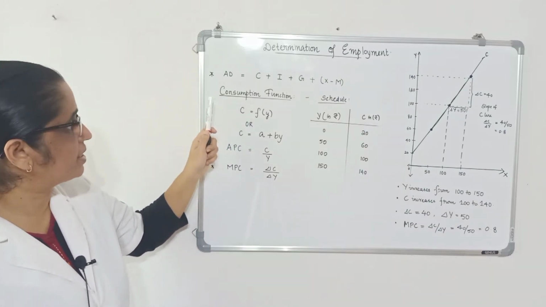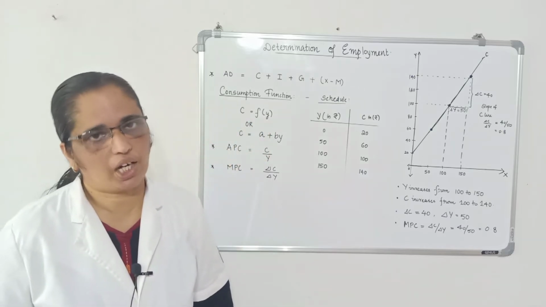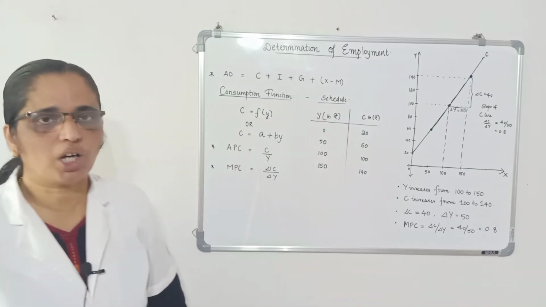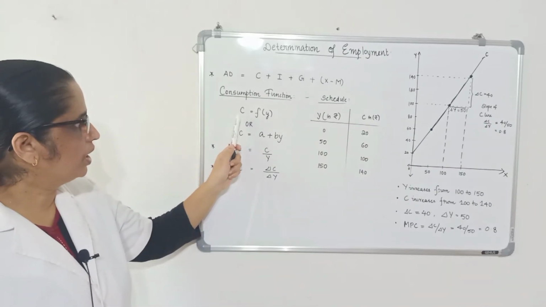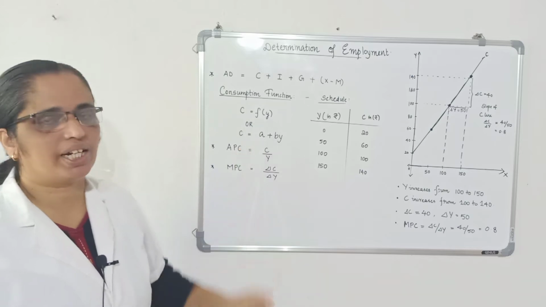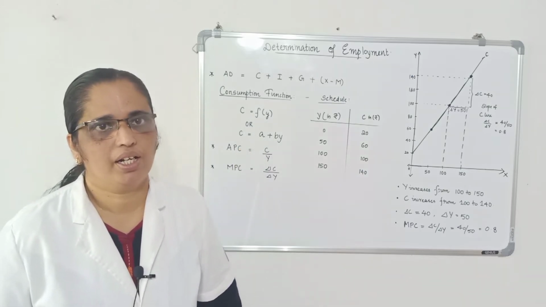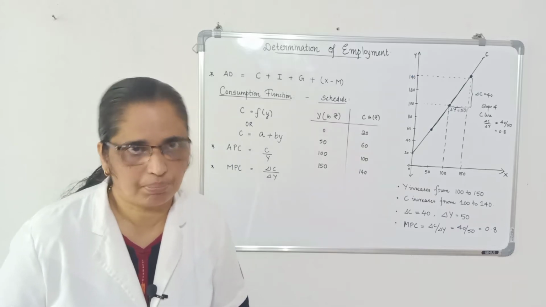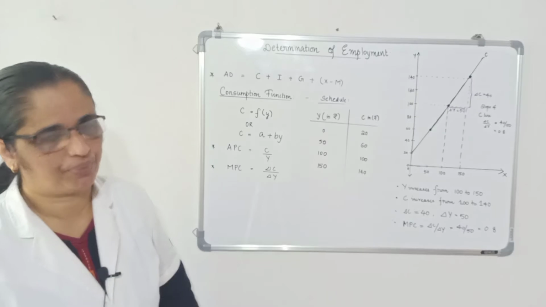First, we can study the consumption function, or psychological law of consumption, or propensity to consume. Consumption function expresses the functional relationship between consumption and income. Consumption depends upon income.